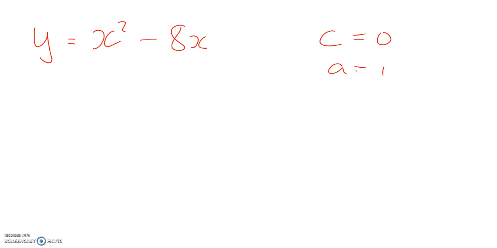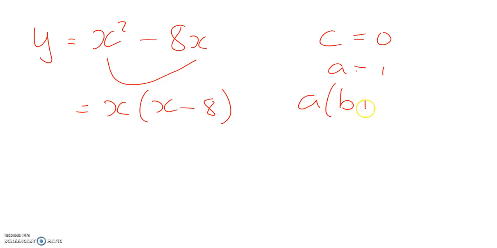To factorise this, you can see there's a common factor of x. So I can factorise this by going x outside of x minus 8. Because if we expand that bracket, remember the bracket expanding rule, a times b plus c equals a times b plus a times c.